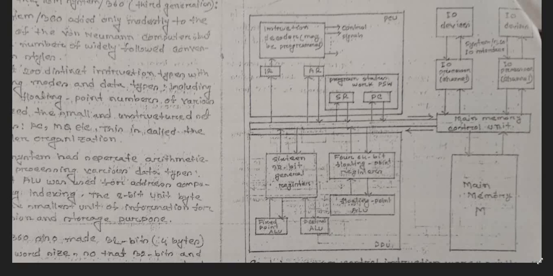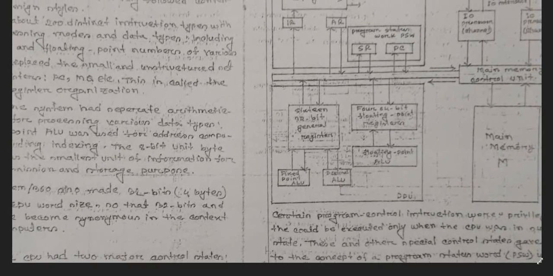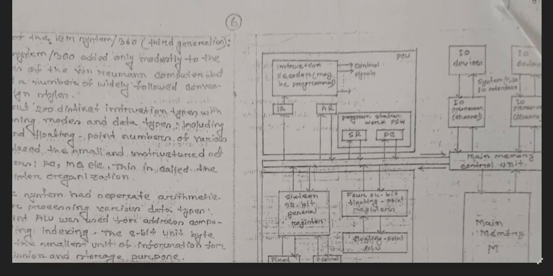In this DPU section we already know that we have some ALU sections, and here we have the 16-bit here. In this DPU we have 16 32-bit general purpose registers and 4 64-bit registers.